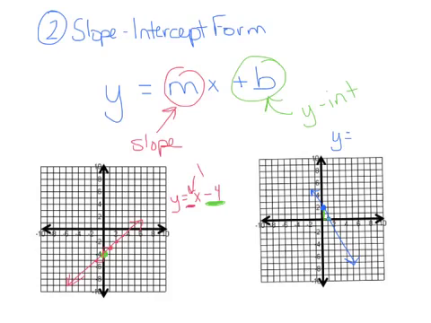So it's going to be negative 2 over 1, which simplifies down to negative 2x. And I know that my y-intercept is at 2, so I can do plus 2. Now this works nice and easy because I can tell easily what my slope is, and I can tell very easily what my y-intercept is.